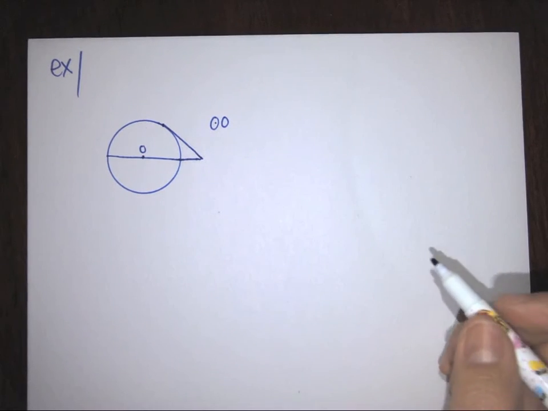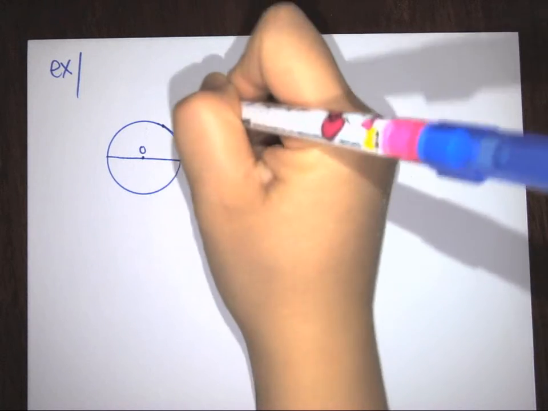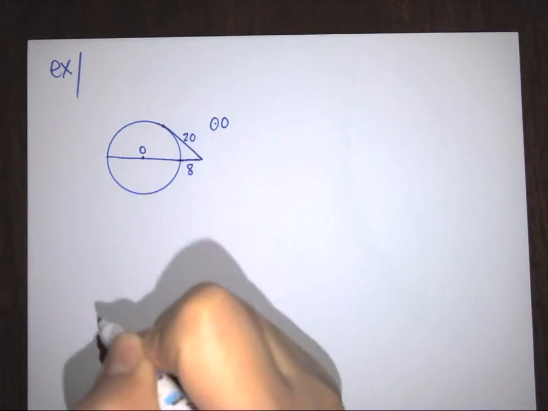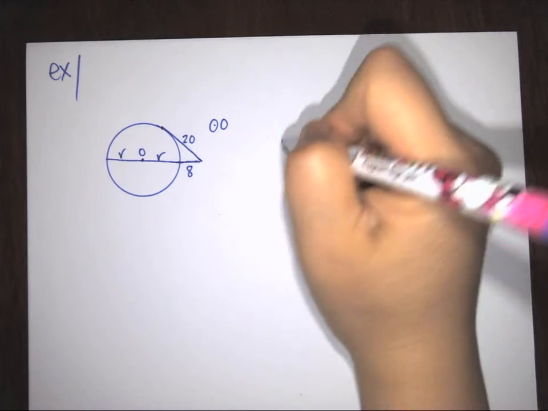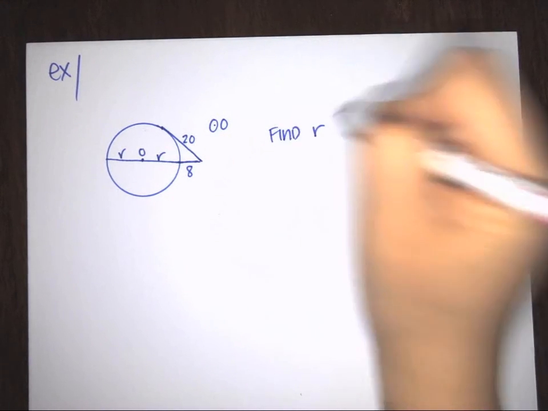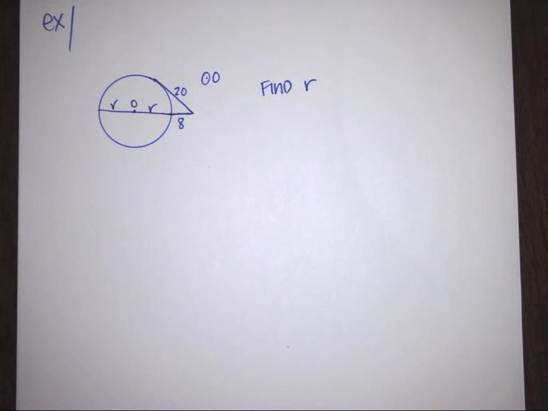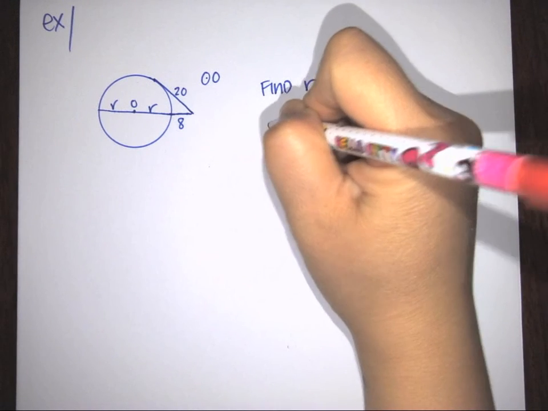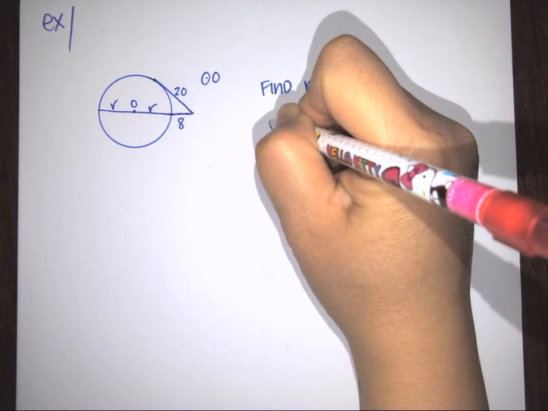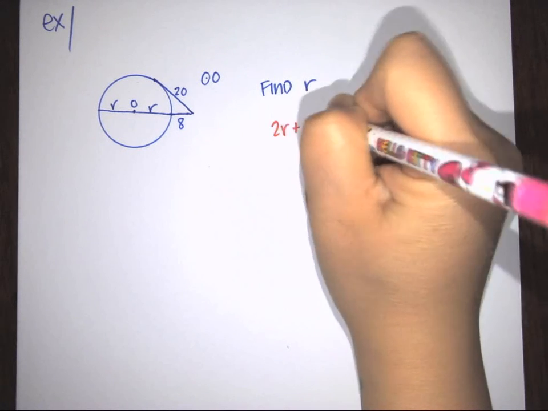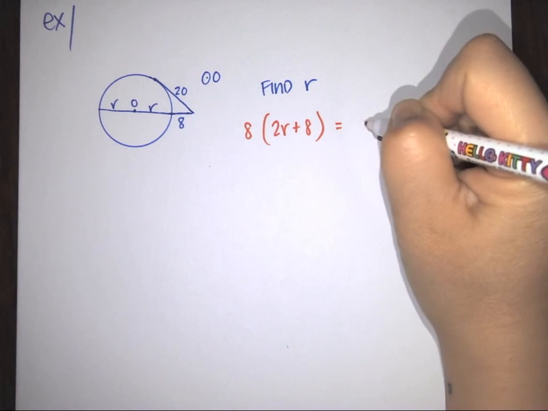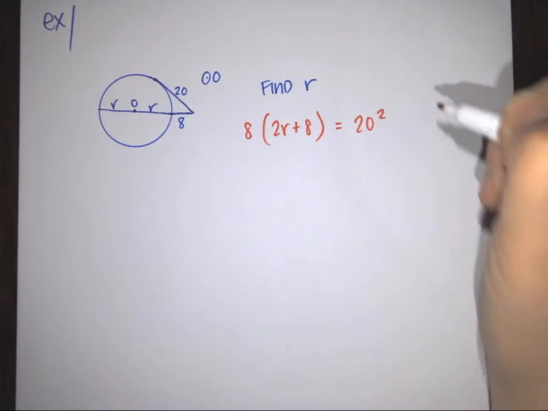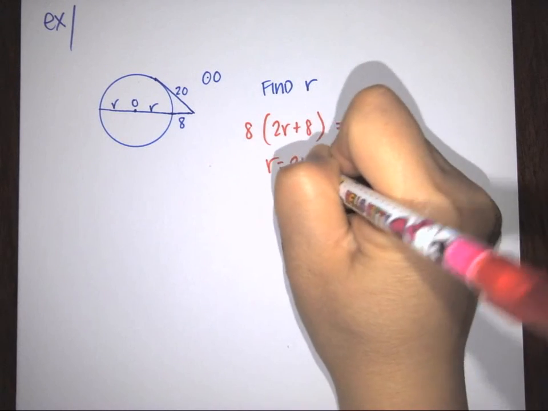Okay, so this part is 8. This part is 20. This is R and R. We're going to find r. So the way we set this one up, the whole secant is 2r plus 8. The portion that's outside is 8 equals the tangent squared. We should get r equals 21.